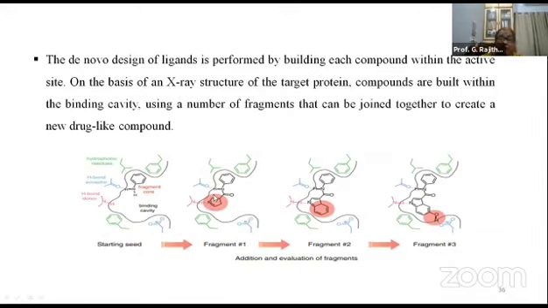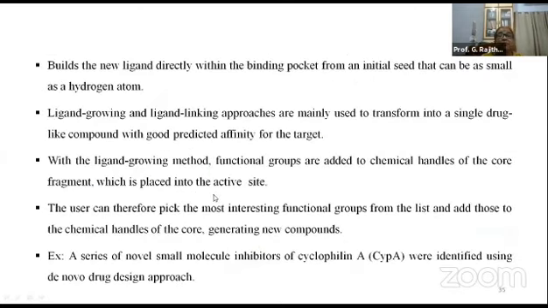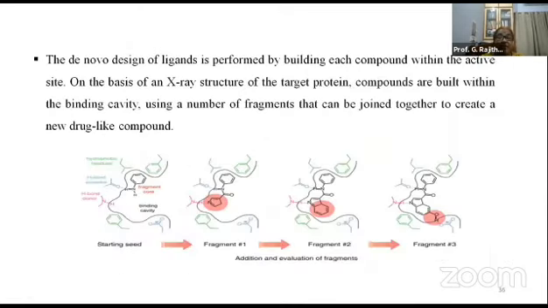The building block, we call it the initial seed, builds the new ligand through ligand growing and ligand linking approaches. Here the ligand is growing with pink color, that is pyrrole, and in another cavity benzene is growing, then OH.